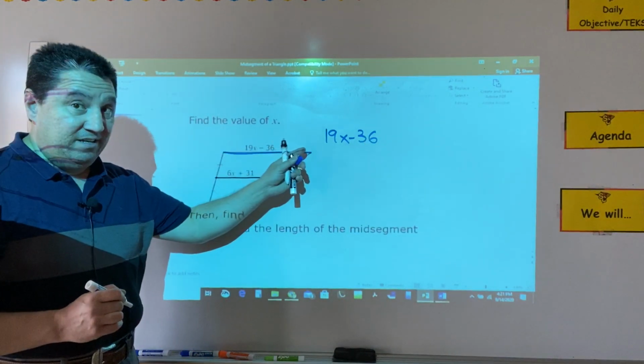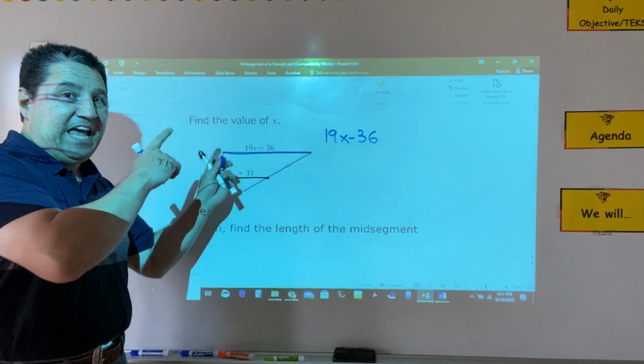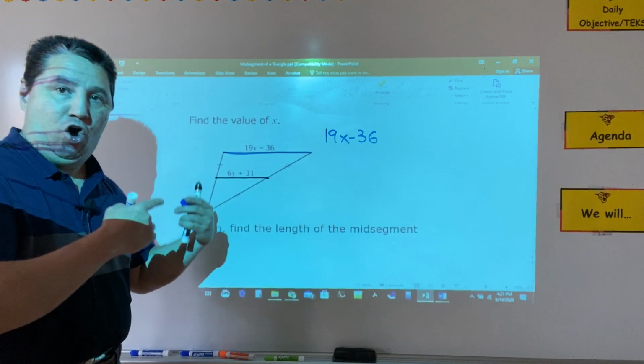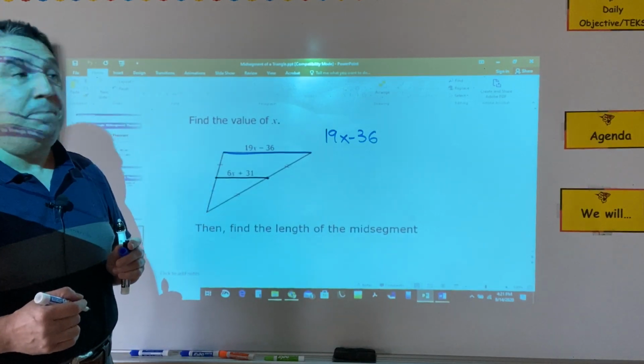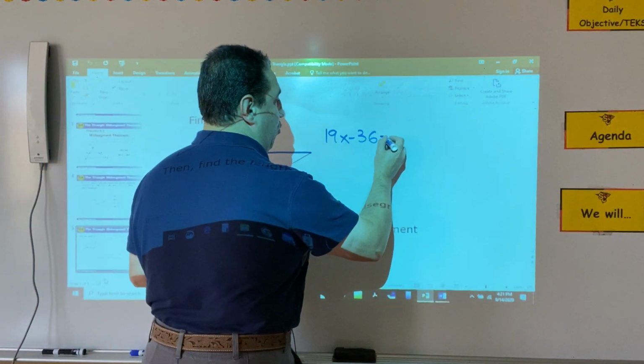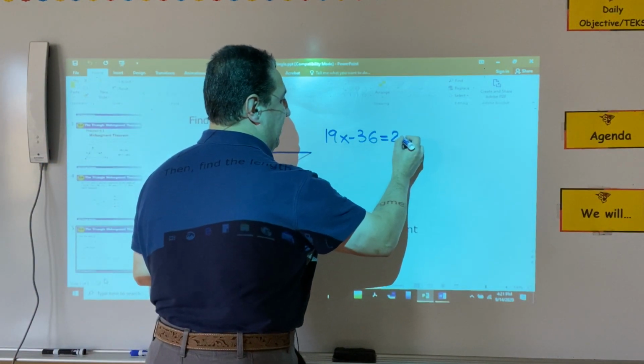This side is twice as long as the mid-segment. Twice as long as the mid-segment means multiplication by 2. So we write equals 2 times.